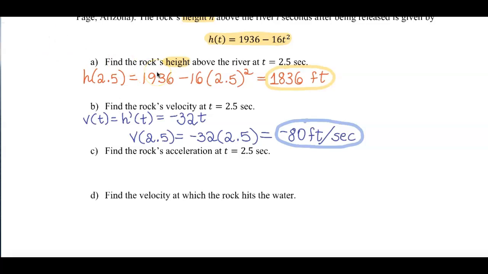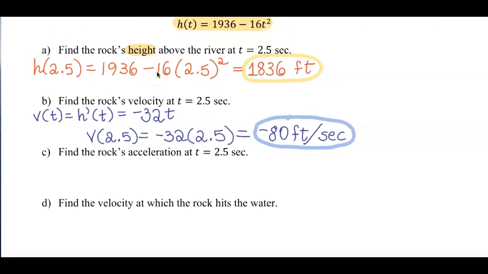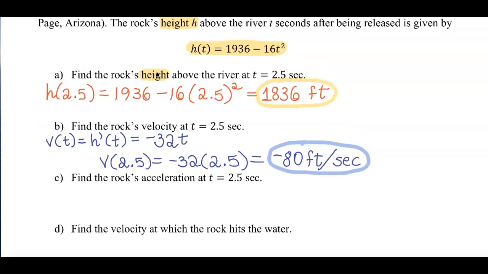All right, let's do the next one. Find the rock's acceleration. Now remember, acceleration is how fast the velocity is changing. In other words, the second derivative of the height function. So let's find the derivative of the velocity function. What is the derivative of negative 32t?